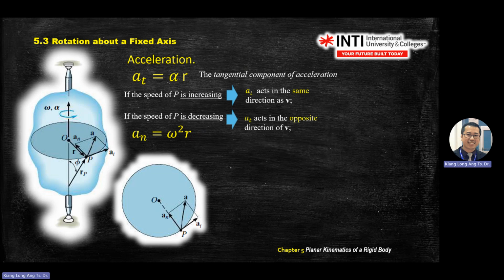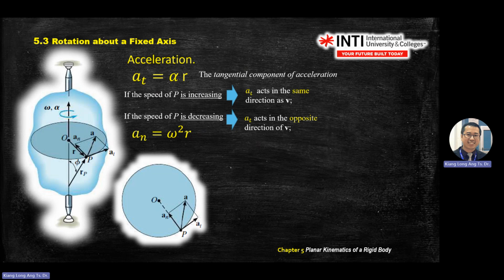Okay, so this slide just tells you that we are still looking at vector dimensions. If your speed is increasing, your acceleration also increases, and at is in the same direction as v. Your v is always tangent to the circle, so at will always be the same as your v.